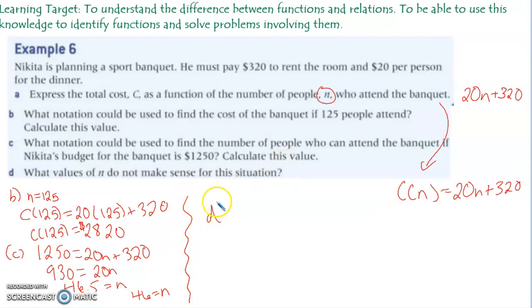So D, what values of n do not make sense in this situation? So n represents the number of people. So there is going to be a capacity for the number of people in the space or in the room. So you can say it definitely has to be a positive number. So n definitely has to be positive.